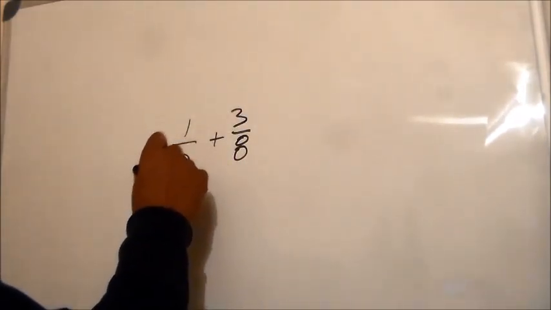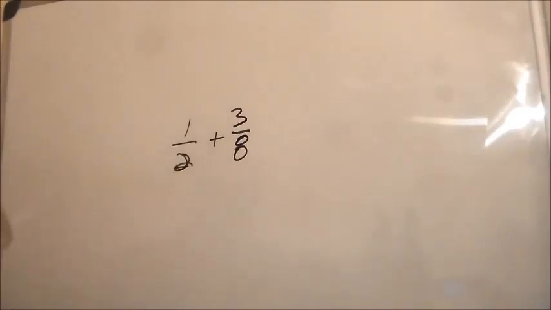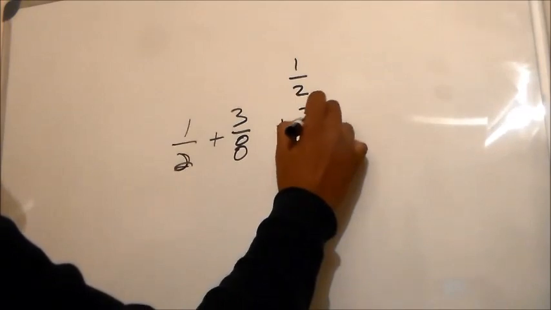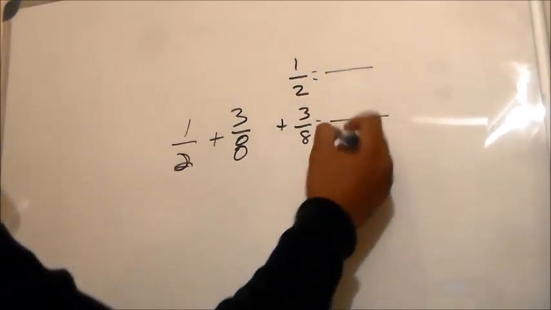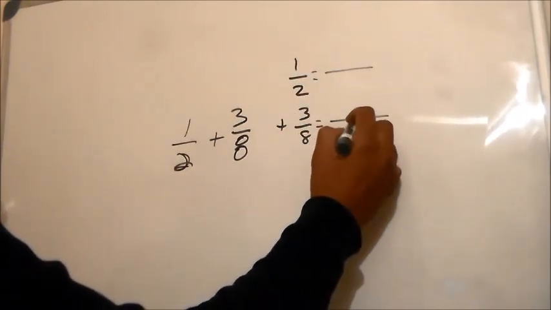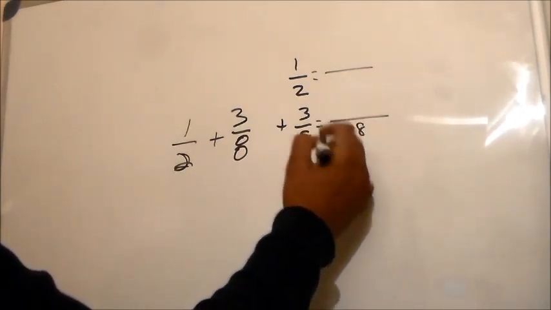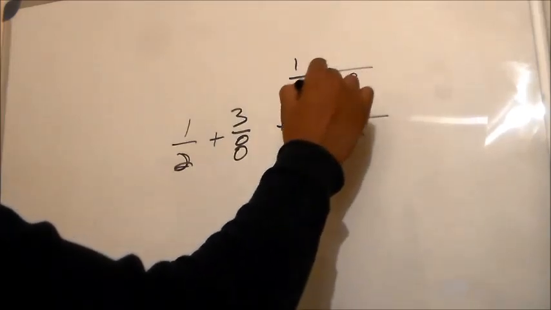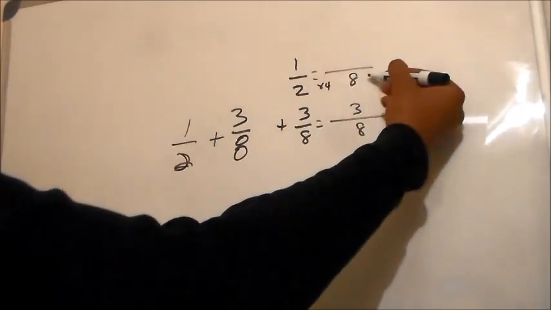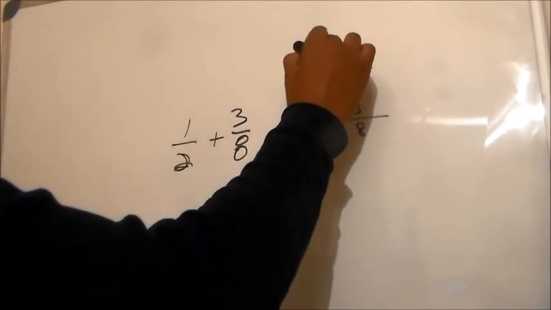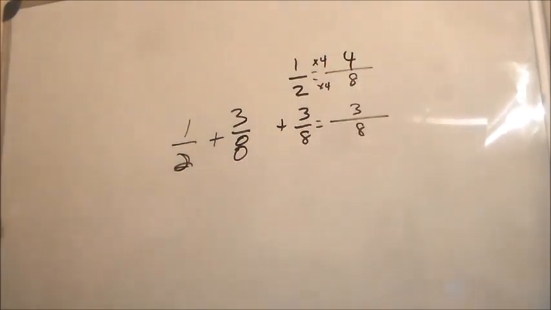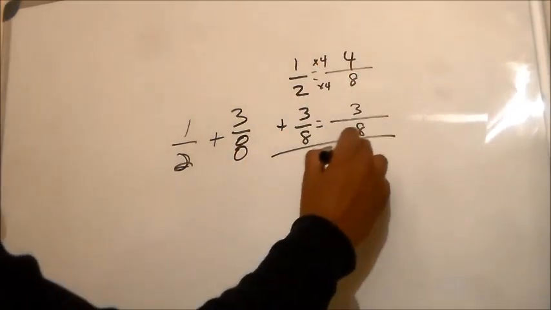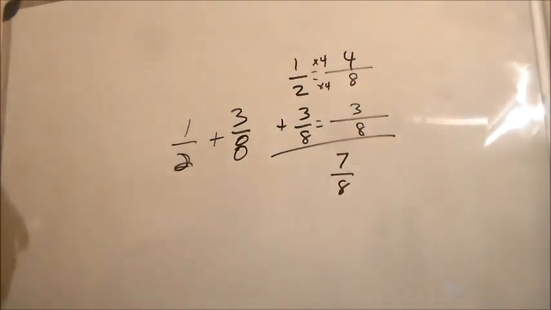Old-fashioned way, we'd make a line out here, and we'd say, okay, 8 is going to be the common denominator, so 3/8 doesn't change. In order to turn 2 into an eighth, we have to multiply it by 4. Whatever we do to the denominator, we do to the numerator. We multiply by 4, we get 4/8. Then we add 4 and 3, and we get 7/8.